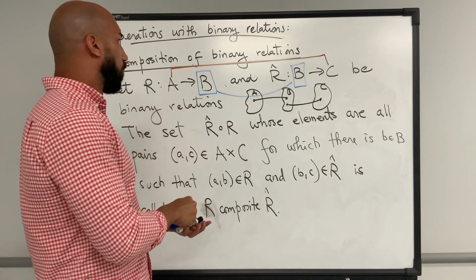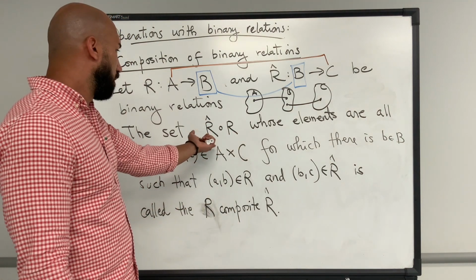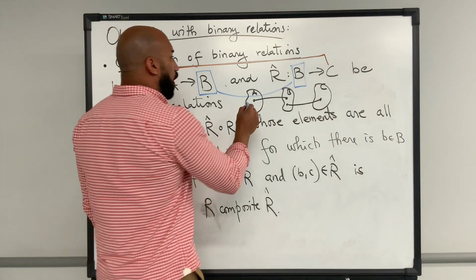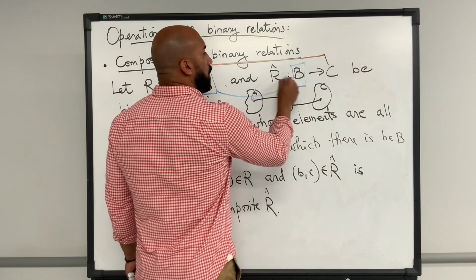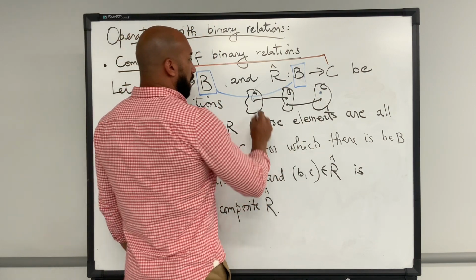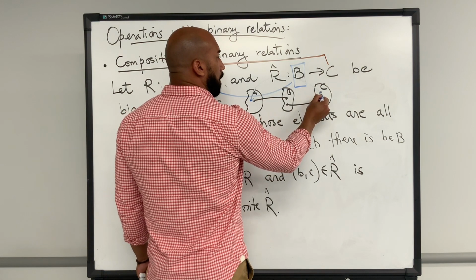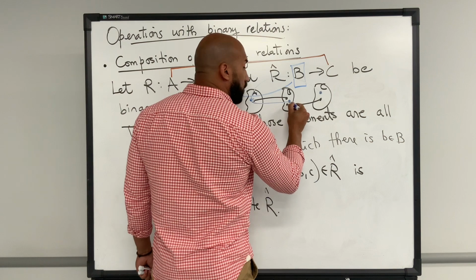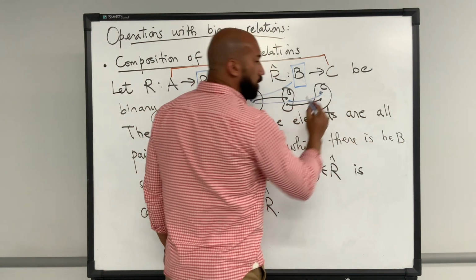Well, in the case that it is a relation, which means that it has to be different from the empty set. For an element A to be related to an element C, what is this telling us? An element A is going to be related to an element C if we can find B such that A is related to B and B is related to C.